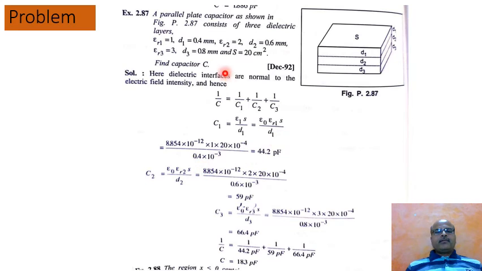The value of D1 is 0.4 mm, that is 0.4 into 10 raised to minus 3. So we get a value of 44.2 picofarad.